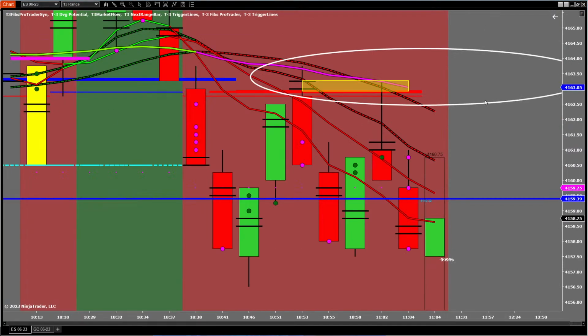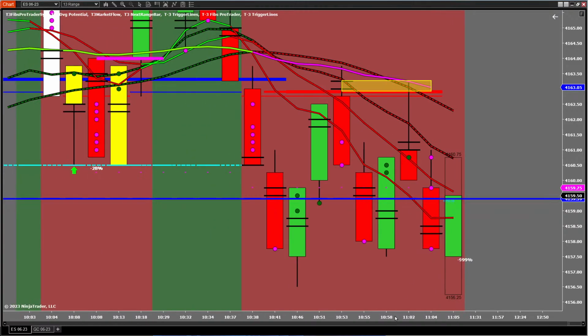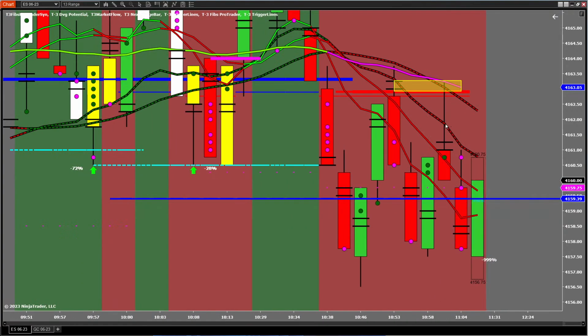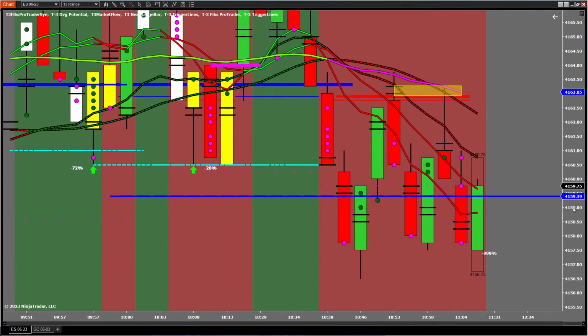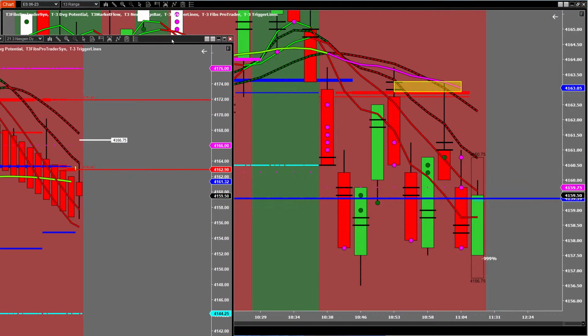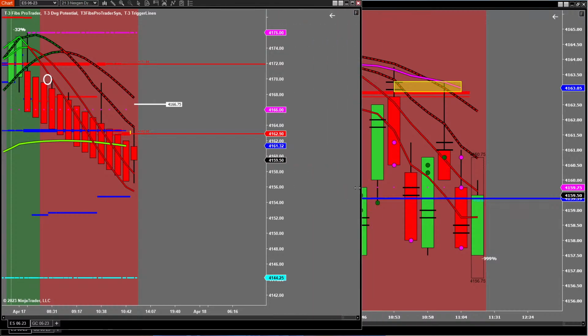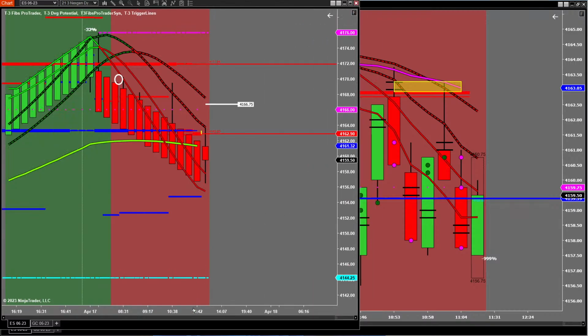Anyway, food for thought. But this is a good example of how you're not going long with these triggers. And again, the market's kind of choppy, but it's choppy into the downside. Everybody agree? If I put the 13 range and the 21-3 together, you can kind of see it a little better.